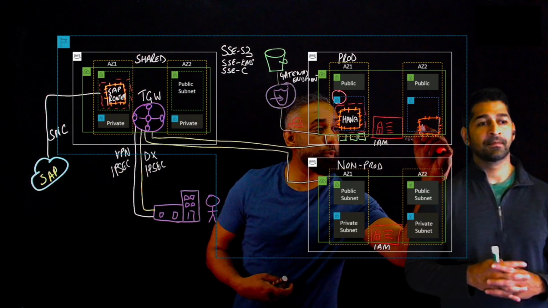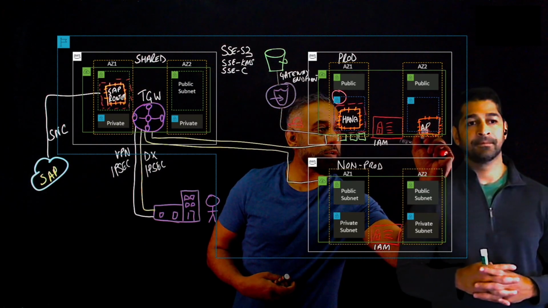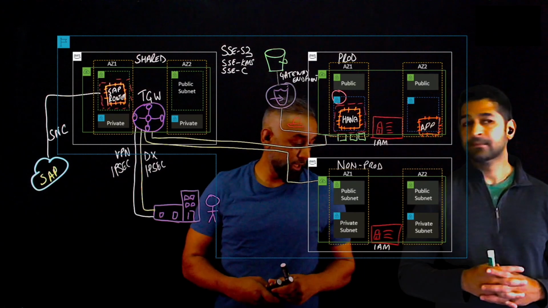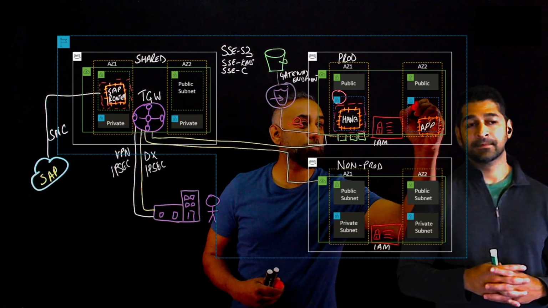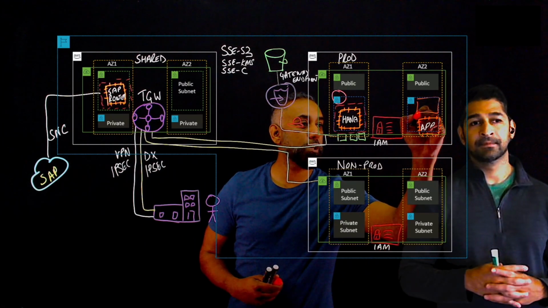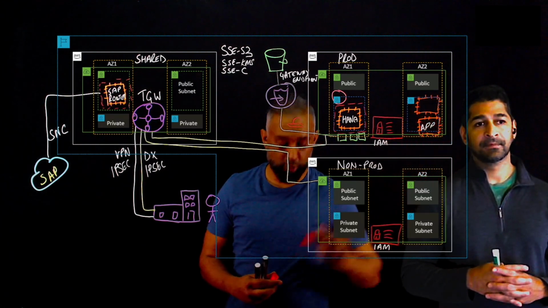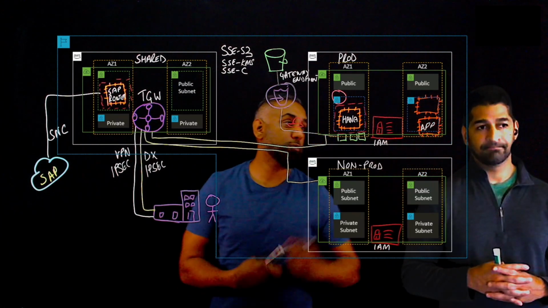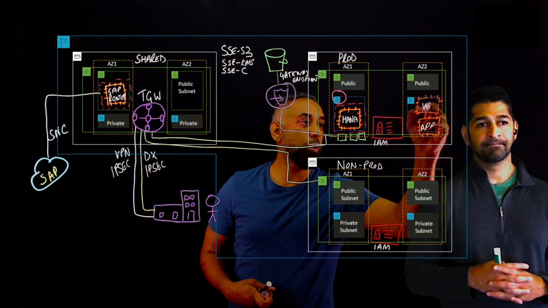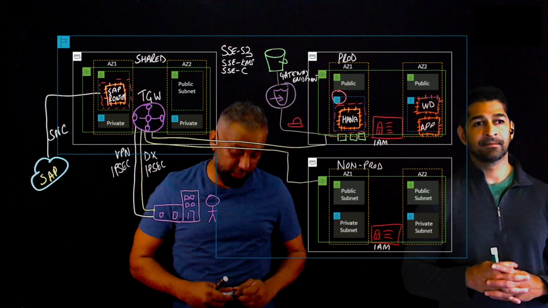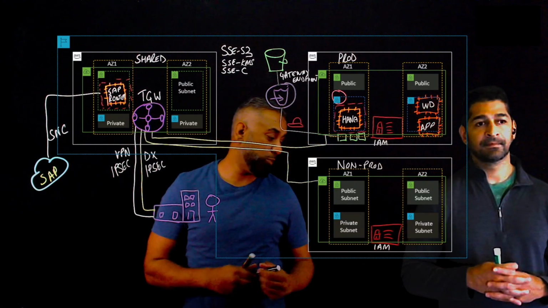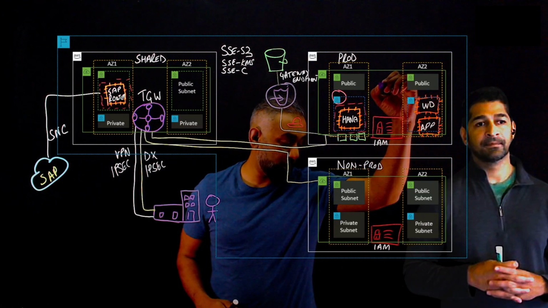Call this app server, and then on top of that we have our web dispatcher, which sits just here. And again, if you notice, we're actually dropping this in a private subnet, so we just call it WD. And then what we would do is we would front this with an application load balancer that would be sitting, let's assume, just about here.